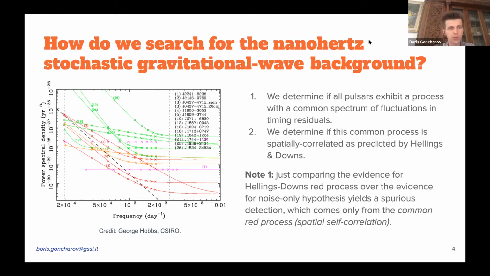Then there is a so-called red noise, which means that as we observe pulsars longer and longer, we start to observe some stochastic drift of arrival times over many years. This is what we call red noise, and it is represented by these diagonal lines towards the very low frequencies in the spectrum. The lowest frequency is determined by the inverse of the total observation span, which is up to 15 years for the second data release of the PPTA.